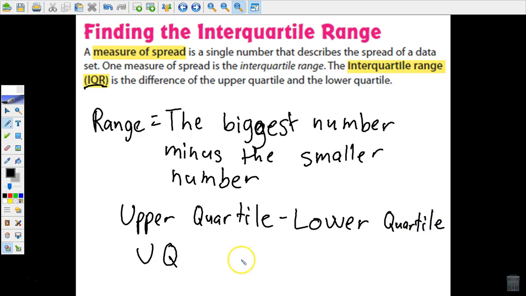So UQ minus LQ. The fun stuff is you have to find the upper quartile and lower quartile, and then you just subtract them. So it's the difference of the upper and lower quartile.